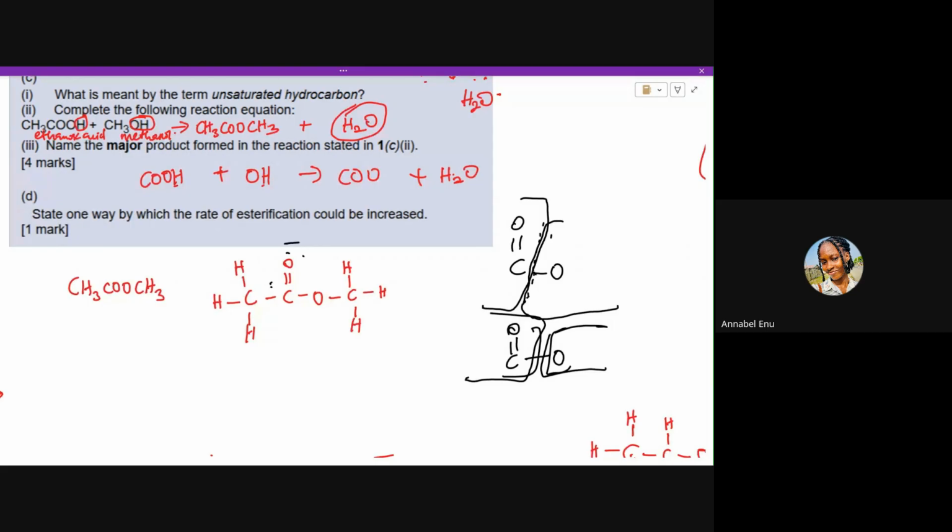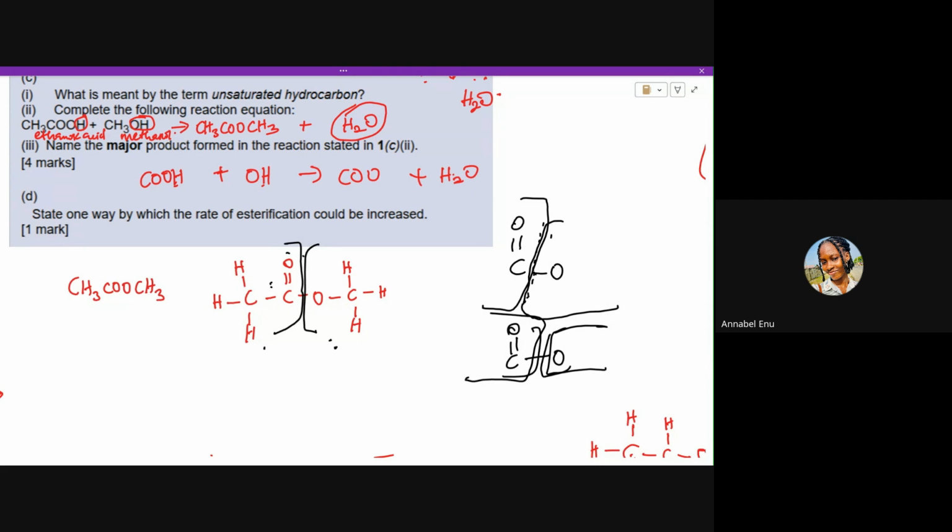Now this is one side, and this is one side. So we have to name the side and name the side. Okay? Don't be confused. Don't go and start naming the beginning. You will name the side that follows the oxygen. This side. Okay? So this is the side that we would name first. And to name this, we would say, how many carbon do we have?